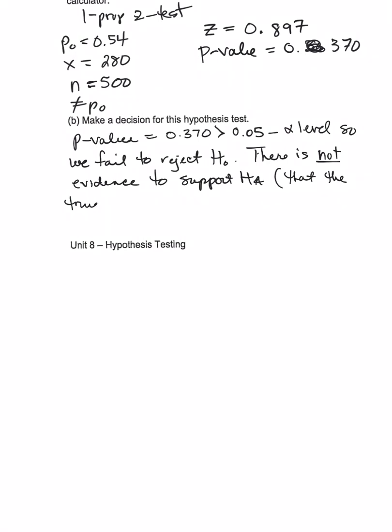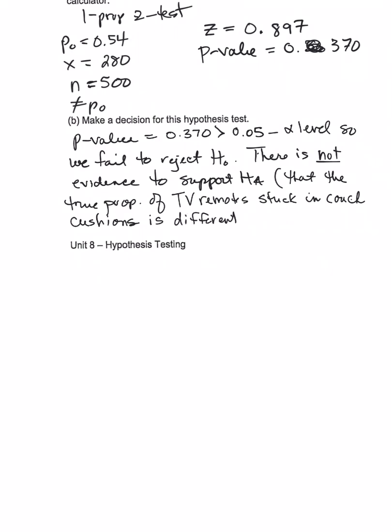That the true proportion of TV remotes stuck in couch cushions is different from 54%, right? This is how you say not equal to p naught: is different from.